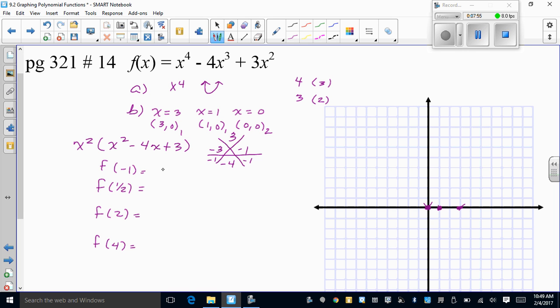So if I put in -1, I'm going to get 1 plus 4. Anything to an even power is positive. -1 times -4 is going to give me +4. And that is going to stay positive as well, plus 3, which gives me 8. So -1, 8.